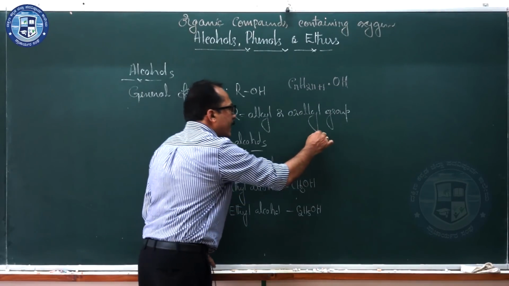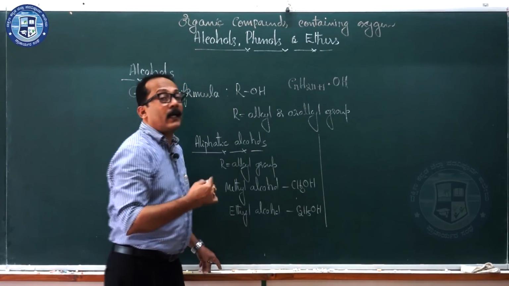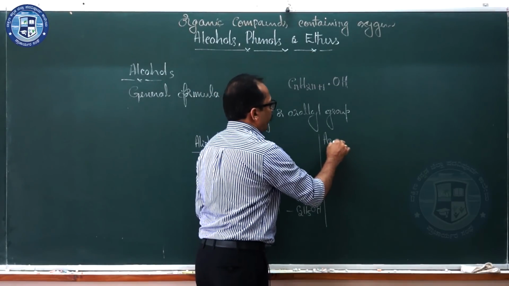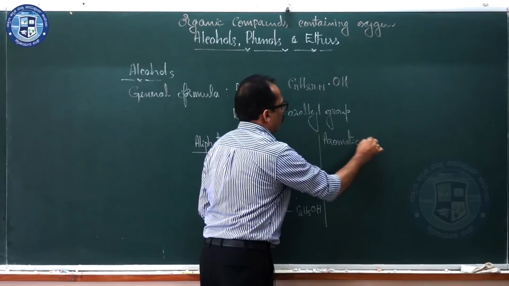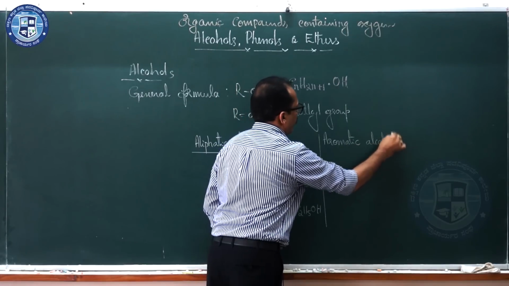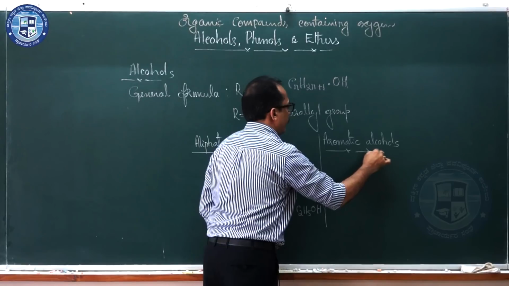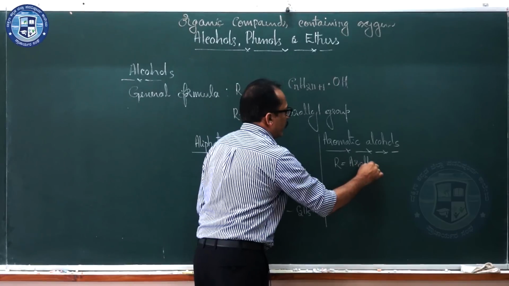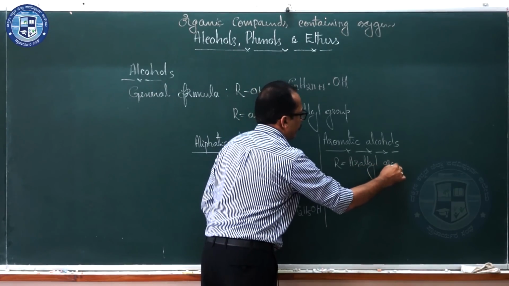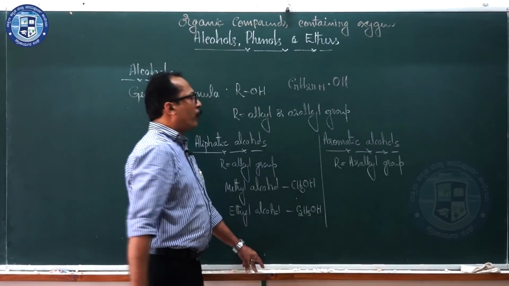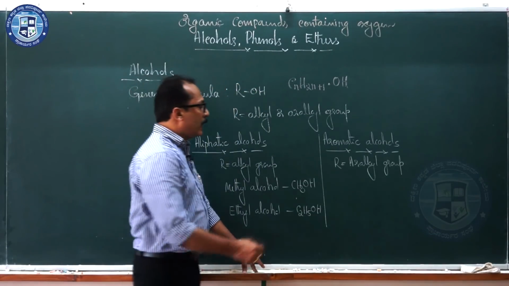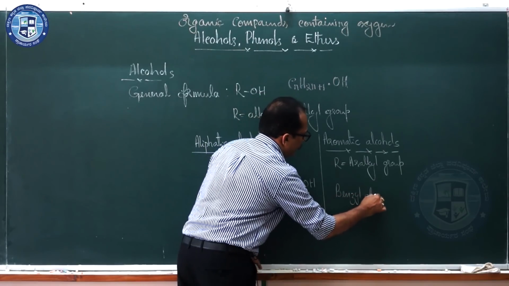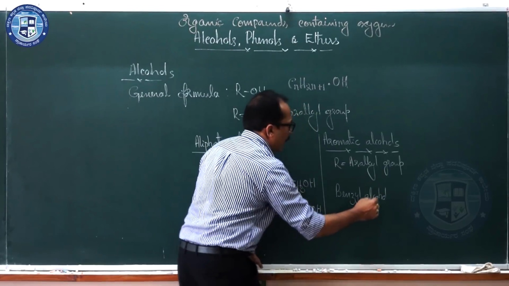Now, if R is an aryl group, they are called aromatic alcohols. Example of an aromatic alcohol: benzyl alcohol.